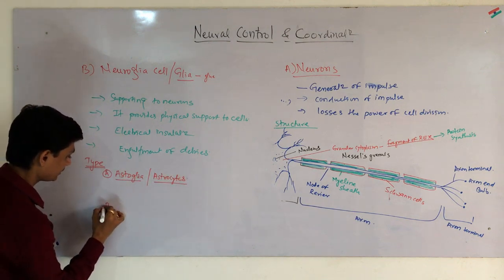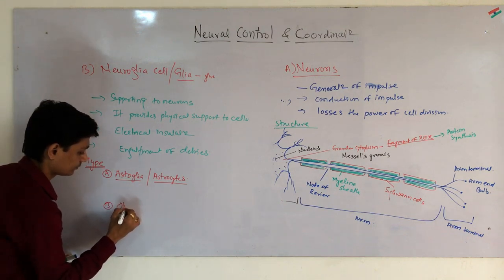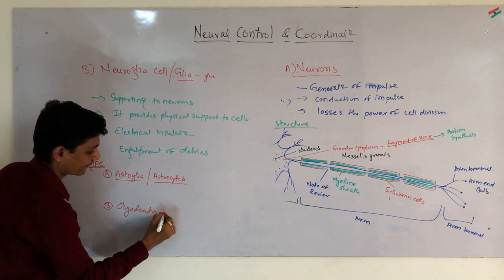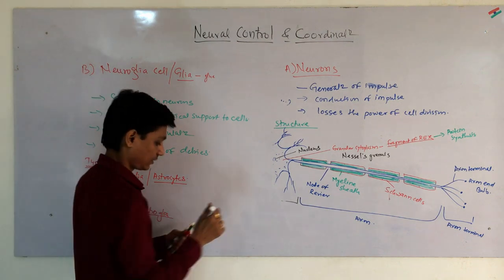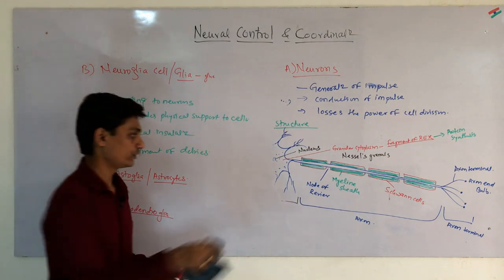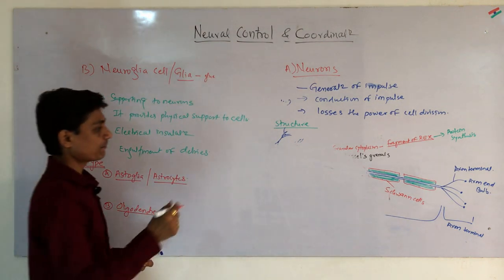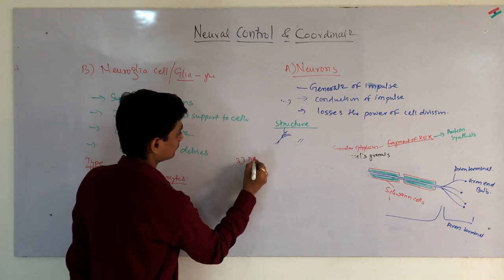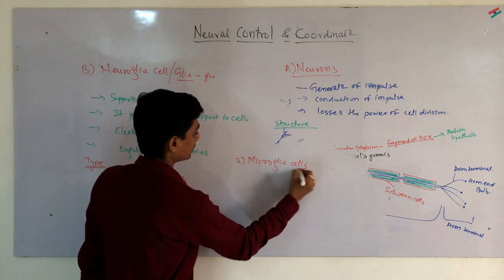Second, that is oligodendroglia. And third, microglia cells.